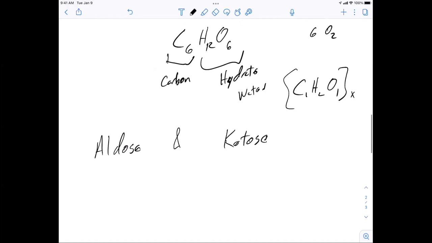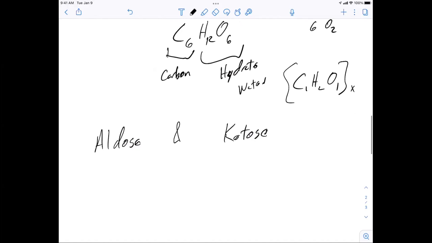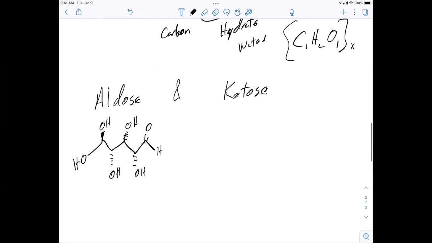Your base structures for carbohydrates are actually going to be aldehydes, as we can see with this one. So this would be an aldose. The OSE here, that's going to be the suffix telling me I have a carbohydrate.